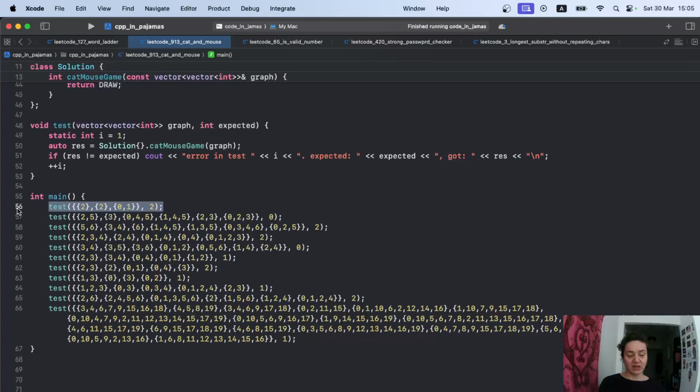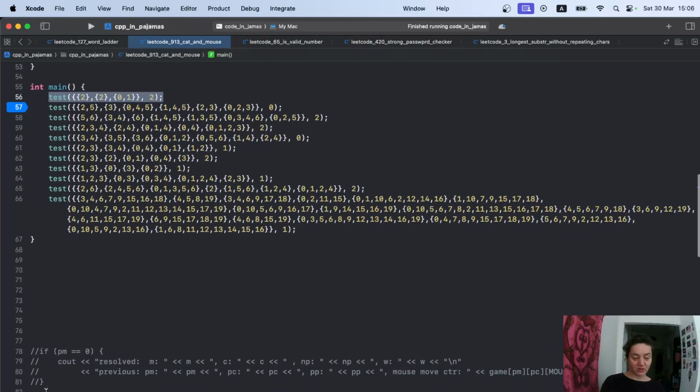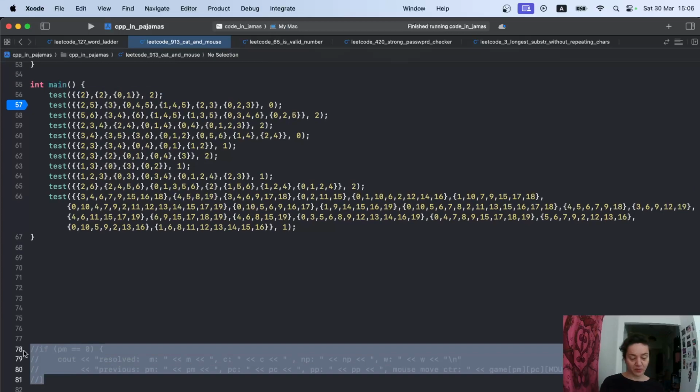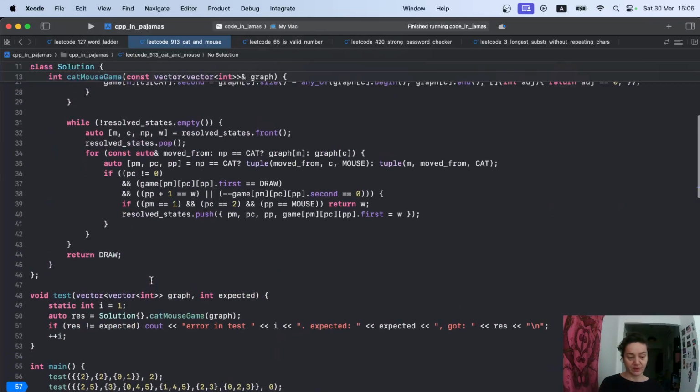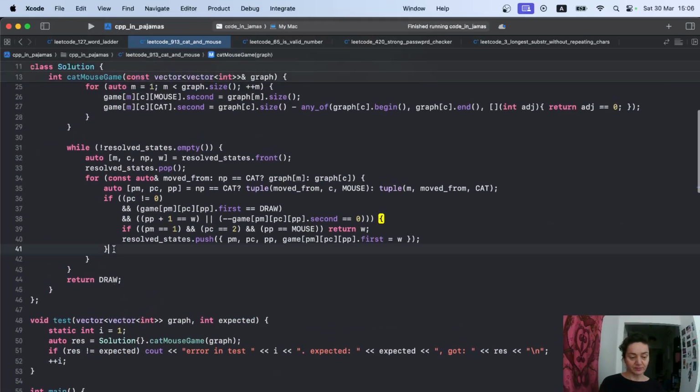I'm gonna put a breakpoint right after it. I just want to run this one, and I'm gonna place some code that I prepared here.